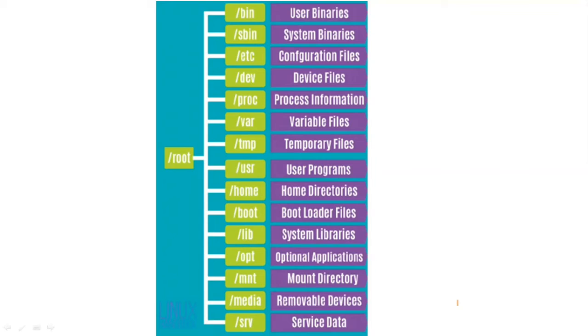Bin is the user binaries, sbin is the system binaries, etc is the configuration files, dev is the device files, proc is the process information, var is the variable files, tmp is the temporary files, usr is the user programs, and home is the home directories. Then bootloader files, system libraries, optional applications, mount directory, removable devices, and service data. We'll see them all one by one.